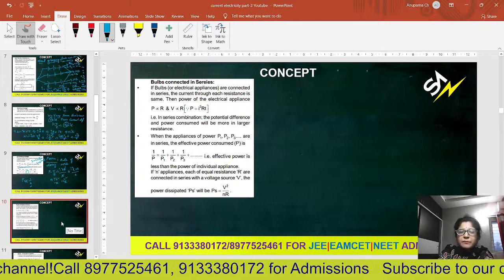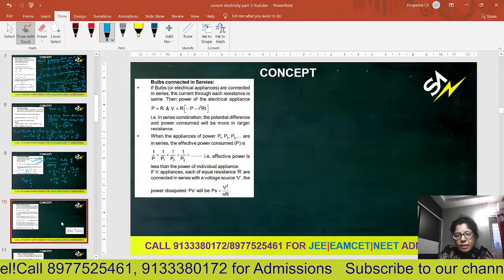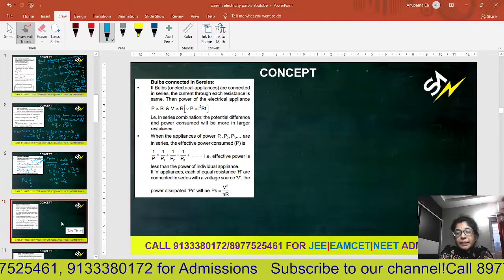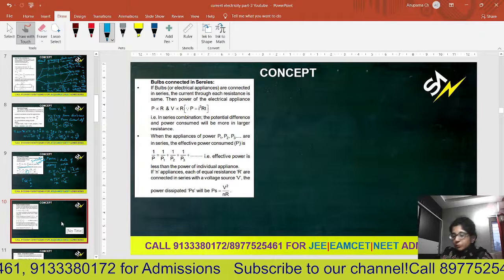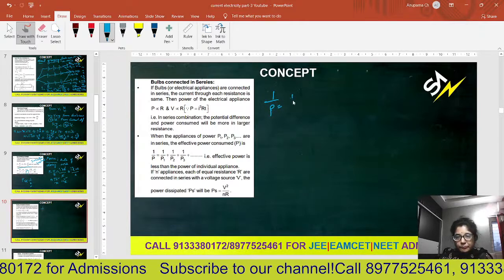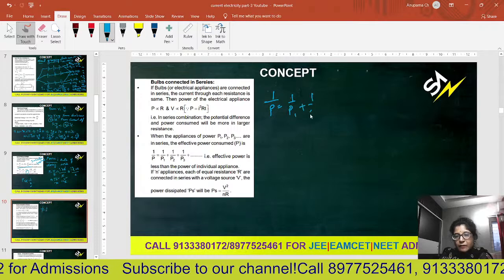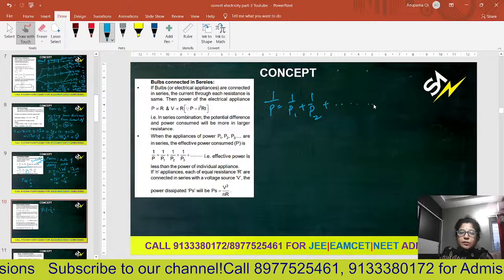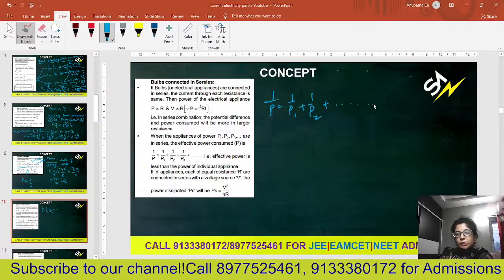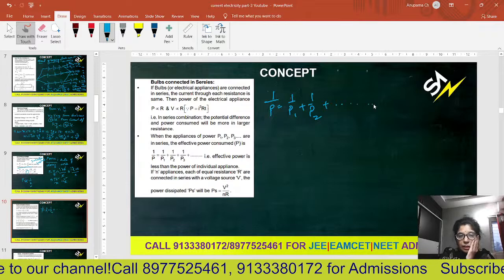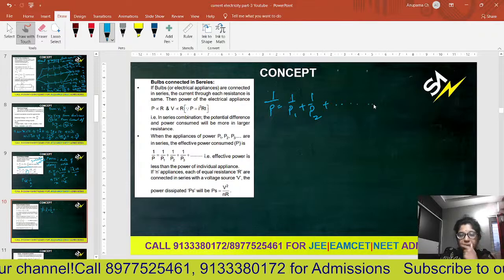Now when the bulbs are in series connection, then the total effective power of the bulbs is given by 1 by P is equal to 1 by P1 plus 1 by P2 plus so on. Okay. So in this way, the effective power consumed can be given when the bulbs are in series.